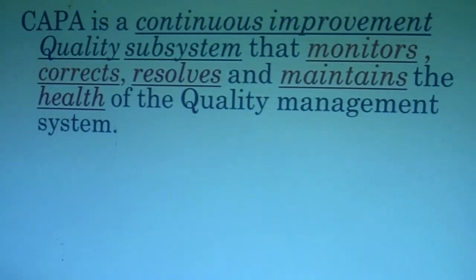If somebody ever asks you what a CAPA system is, and at the end of each module there are always questions, and this is one of the questions: what is a CAPA system? The answer is, it's a continuous process improvement quality subsystem that monitors, corrects, resolves, and maintains the health of the quality management system. That is the whole purpose of a CAPA system.